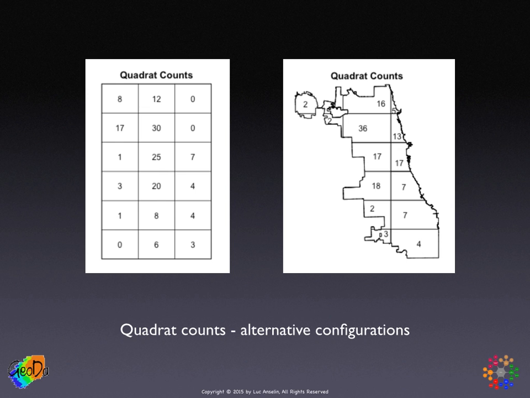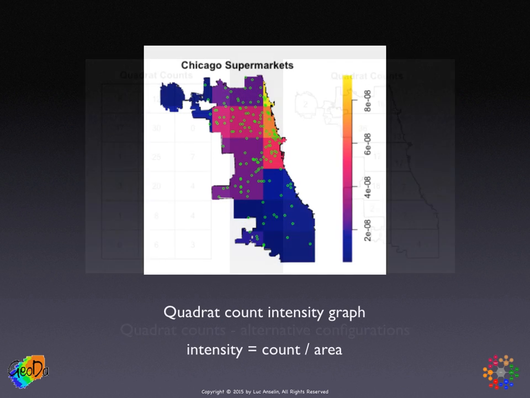Now, a better way to visualize it, especially for the irregular polygons, is to create a so-called quadrat count intensity graph, which is essentially the same information as before, but rather than presenting the counts as such, we convert the counts into intensity measures by dividing them by the area of the polygon that they're in.